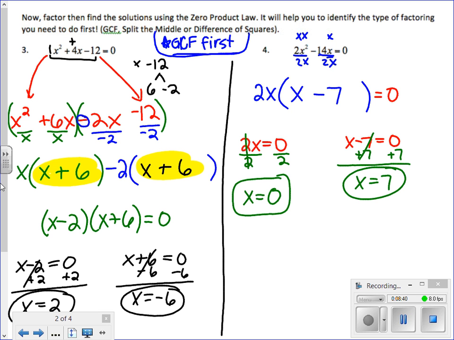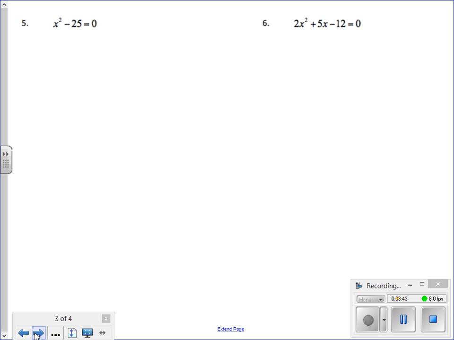All right, a couple more problems here. Let's move on to number 5. Number 5, I have x squared minus 25. Well, there's 2 terms, so I can't use split the middle. There's not a GCF, but what I can do when there's 2 terms and a minus sign is see if I can take the square root of both terms and use the difference of squares.